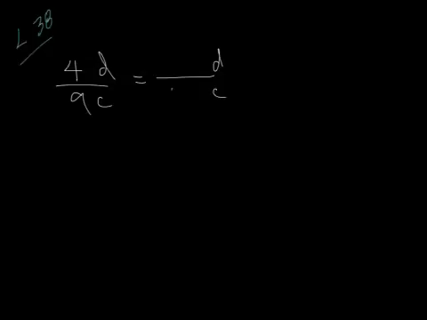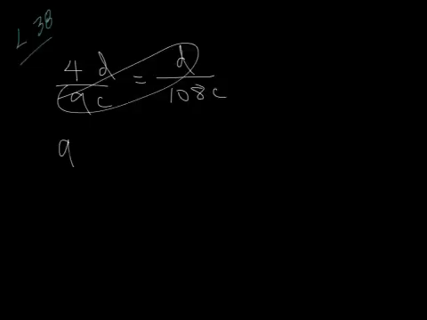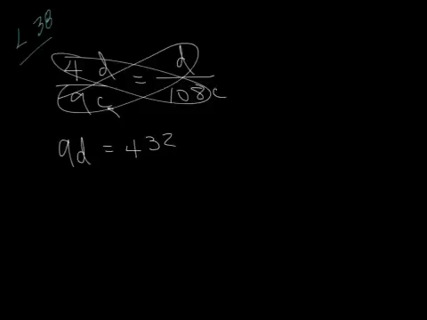So there were 108 chickens. How many ducks were there? I'm not going to use x, I'm just going to use D for duck. So I'm going to take 9 ducks, 9 times D. Because this just represents chickens, so we already know we have 9. 4 times 108, which is 432.